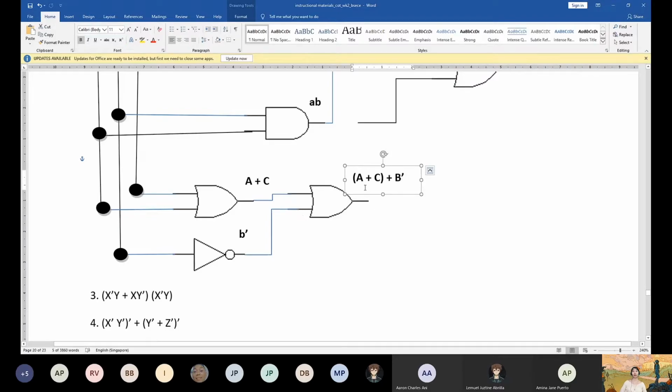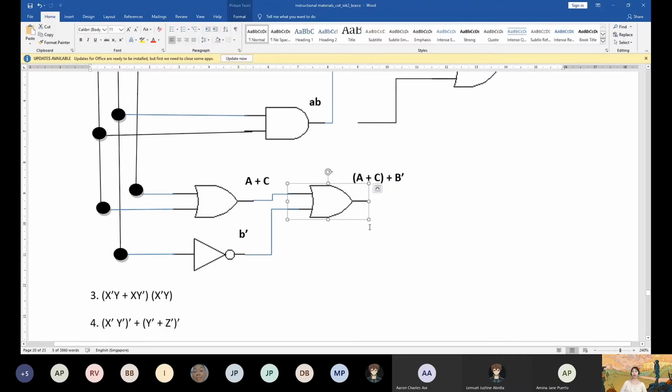This term calls for three inputs, A plus B prime plus C, but you only have two. So you need a series of cascading, two at a time: A plus C first, and then B prime.